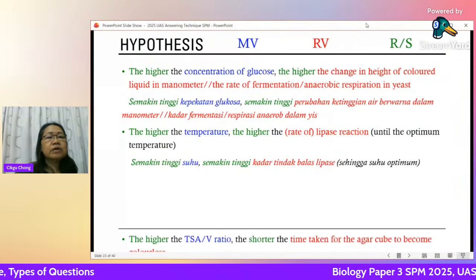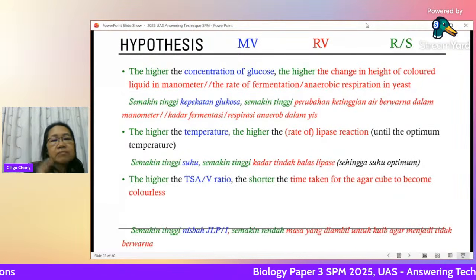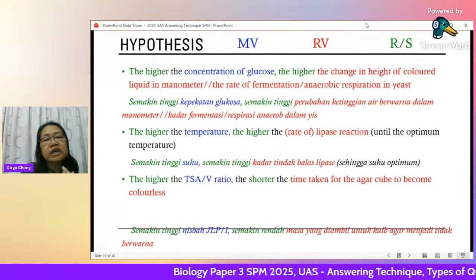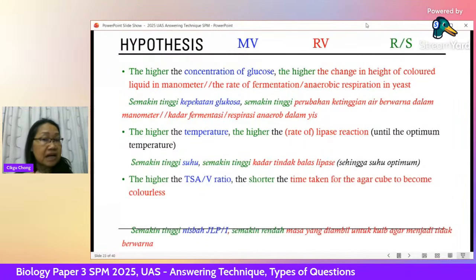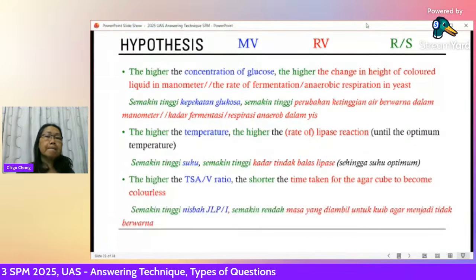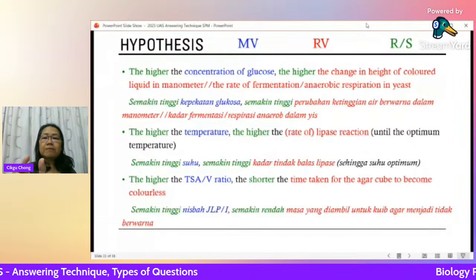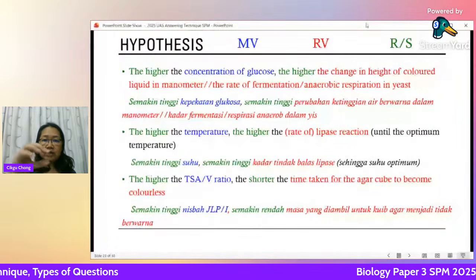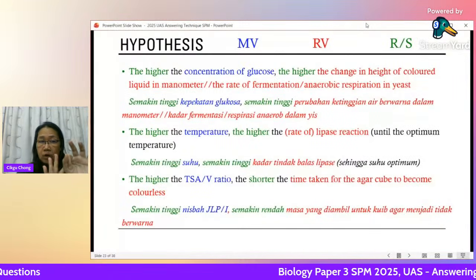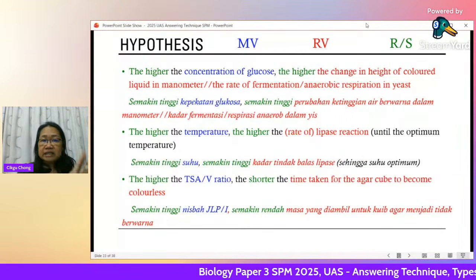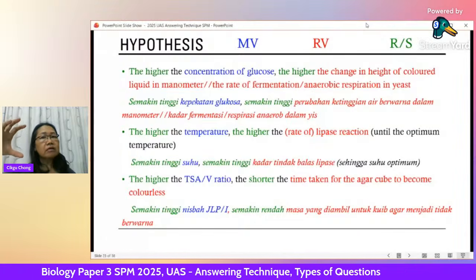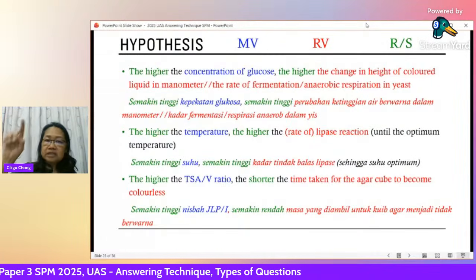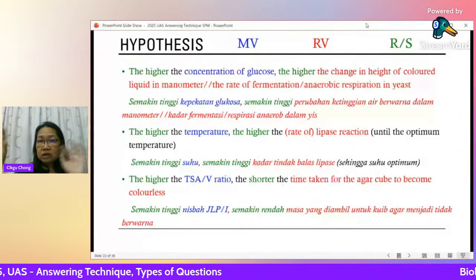All right, next one. The higher the TSA per V ratio, the total surface area per volume ratio, the shorter the time taken for the agar cube to become colorless. I just want to show the relationship with the rate of diffusion, right? When your agar is the smallest agar block, your TSA per V is the highest compared to a big agar block. The bigger one, the TSA per V is actually smaller if you do the calculation.